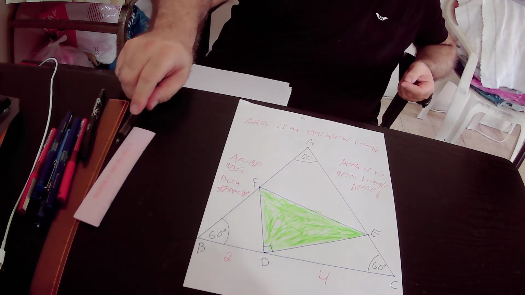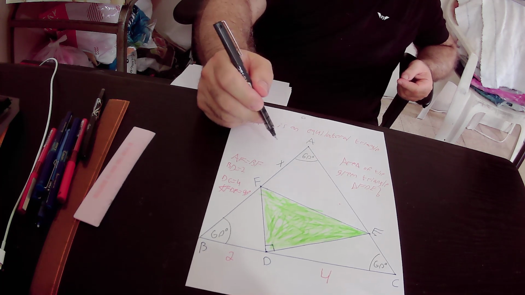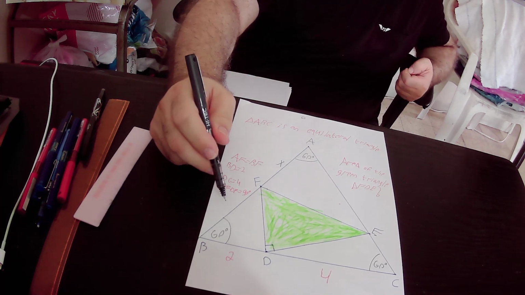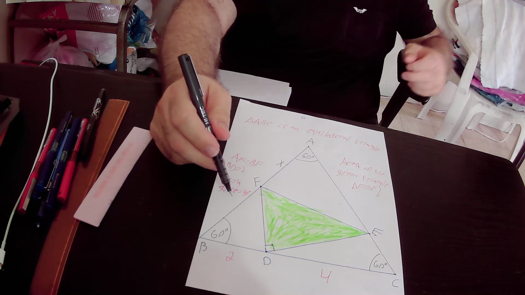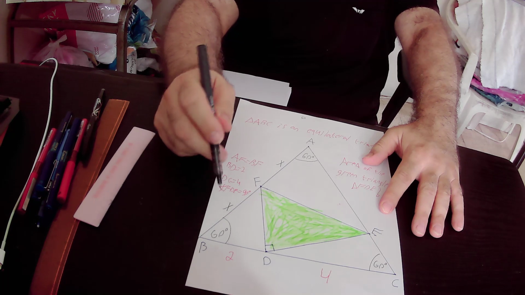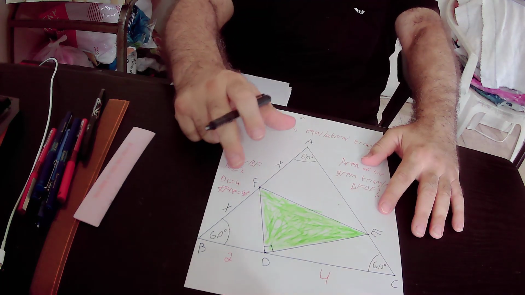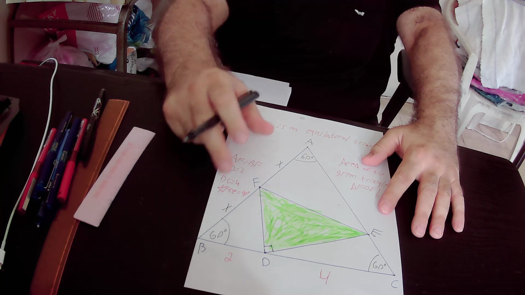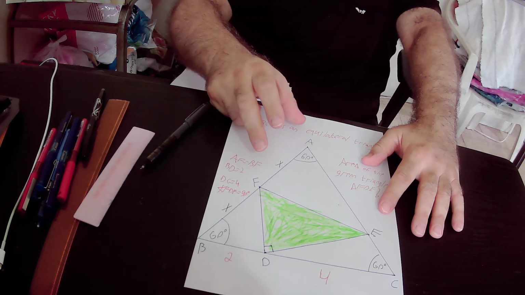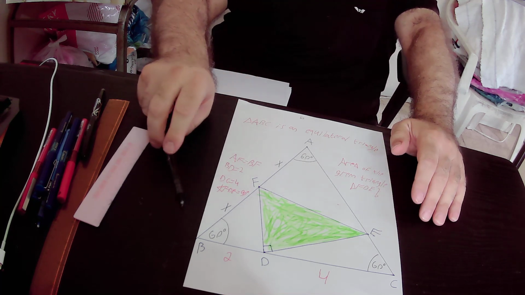So if we define AF as X, then BF also will be equal to X because AF equals BF. So AB equals AF plus BF, that is to say AB equals X plus X, that is to say AB equals 2X.